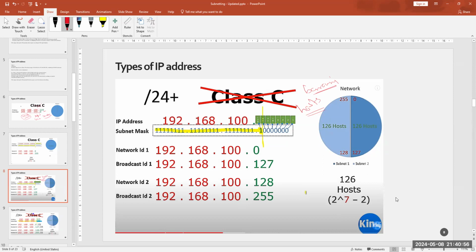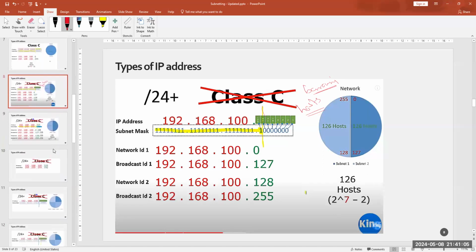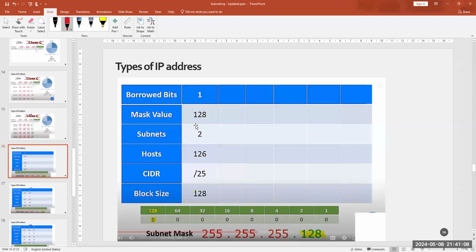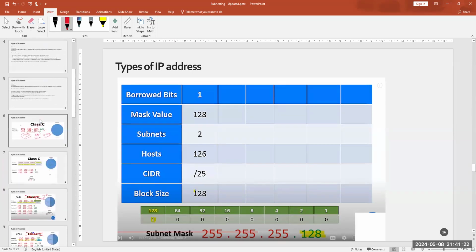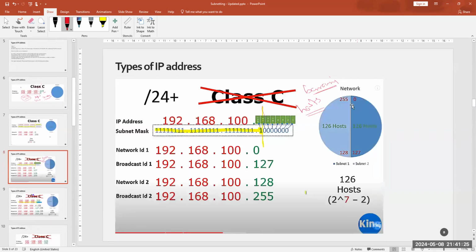Why two parts? Because from here I can segregate till here, right? If I am borrowing 1 bit, the mask value should be 128. How many subnets can I create? I can create 2 subnets over here, right?